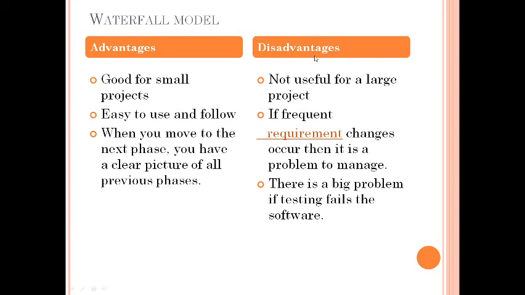Now we will see some of the disadvantages. As I told, in the advantages, it is limited to small projects. In the disadvantages, it is not useful for a large project.